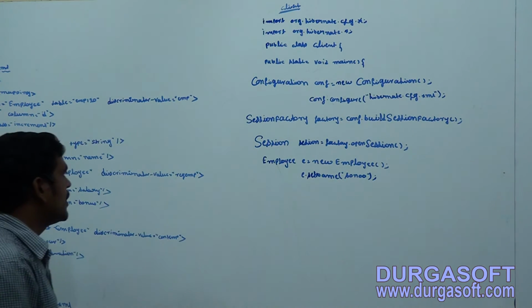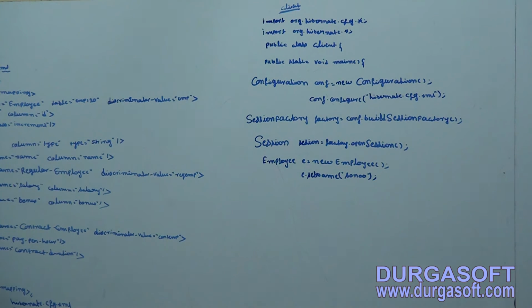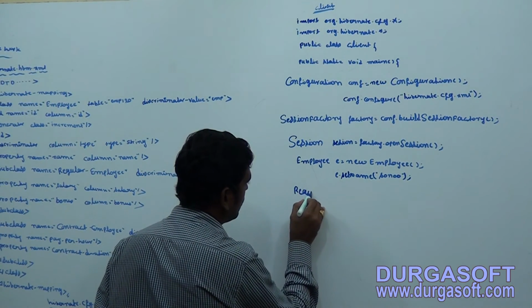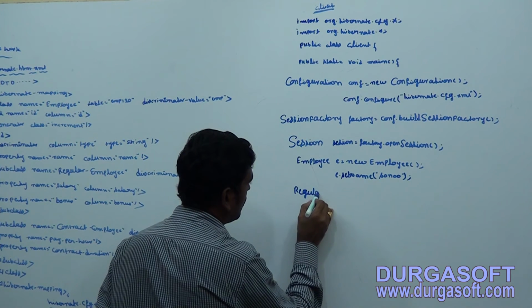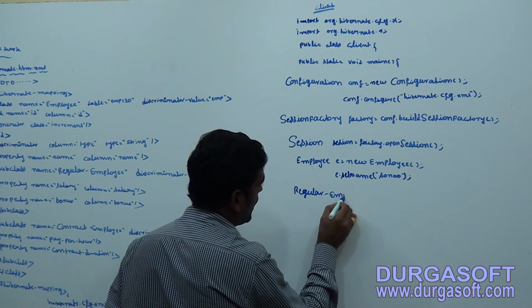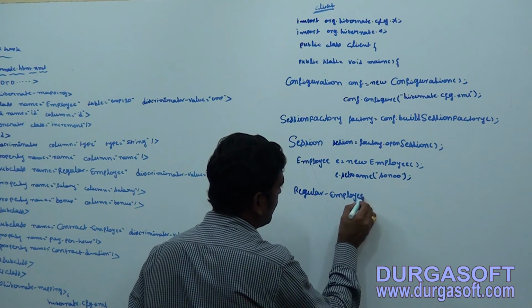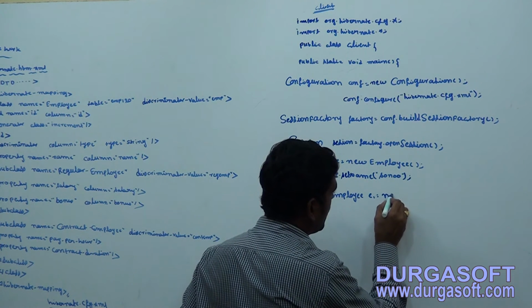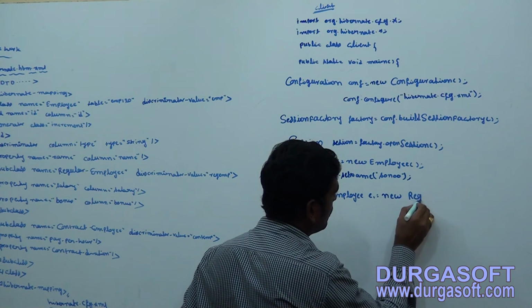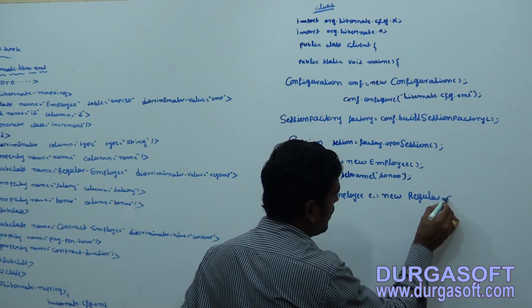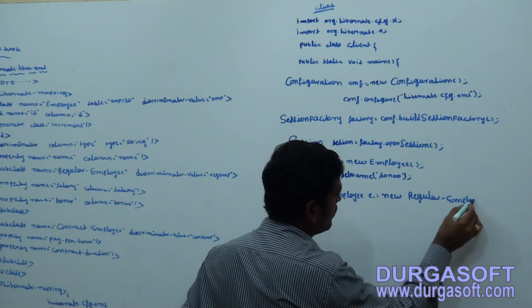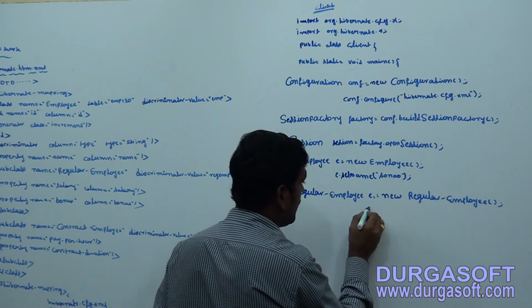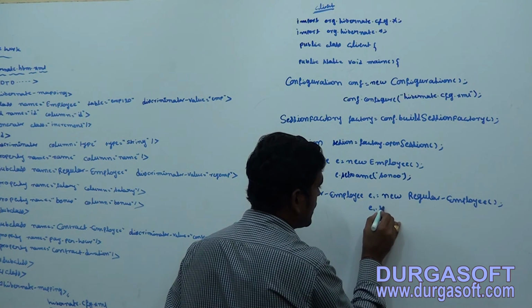Then next we need to create the regular employee class object. RegularEmployee e1 is equal to new RegularEmployee. Then e1.setName.